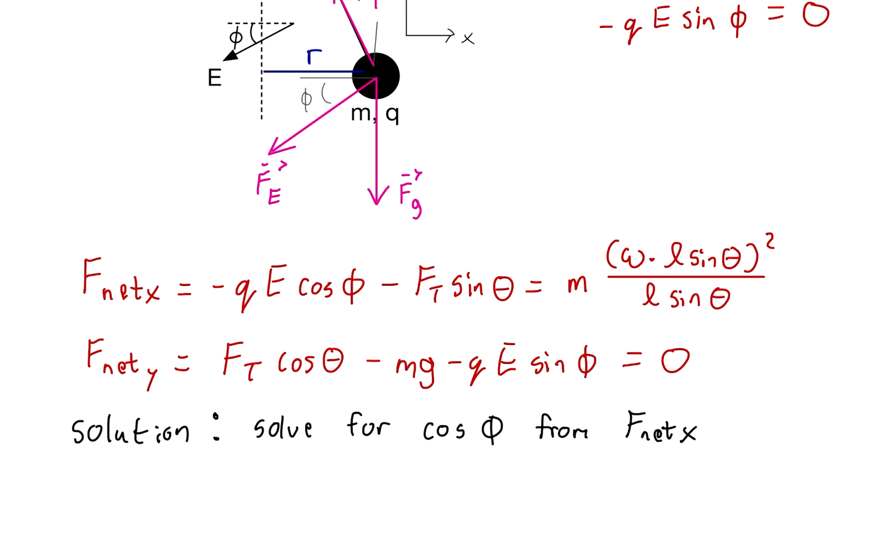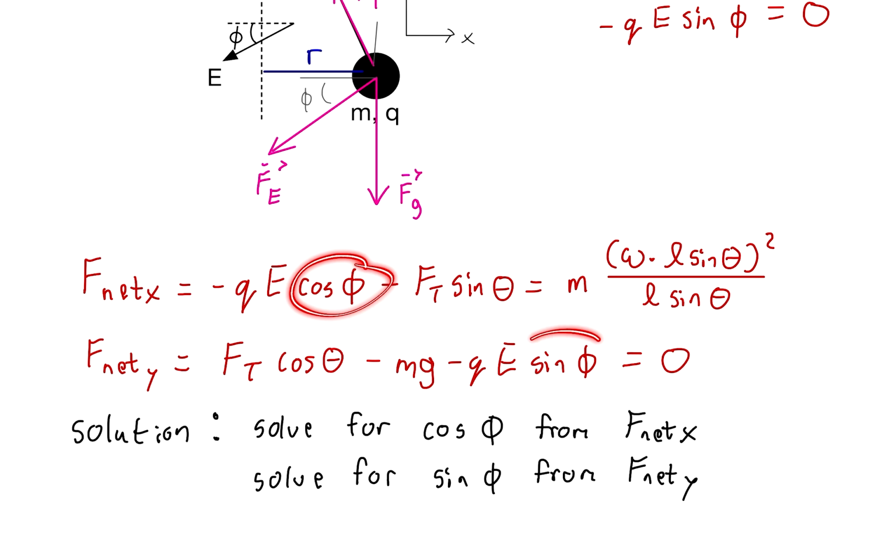Very similarly, you will solve for sine of phi from the other net force equation, the y component one. Okay, why would you do that? Well, think about it. Then you're just going to have the cosine phi and sine phi completely isolated. They'll both be equal to some big expression, but they'll be by themselves.